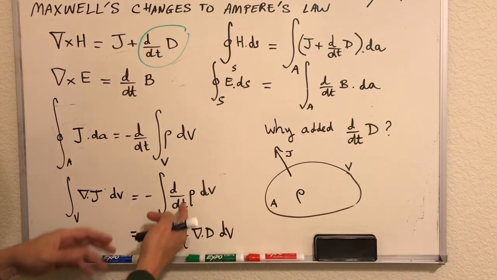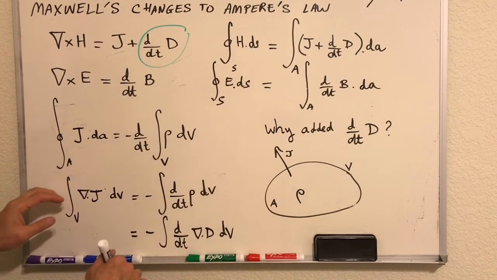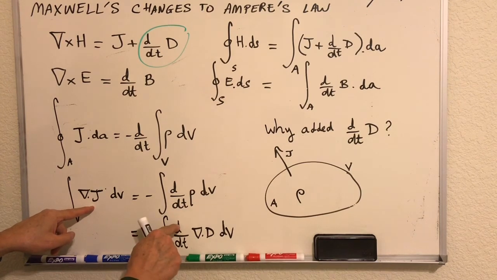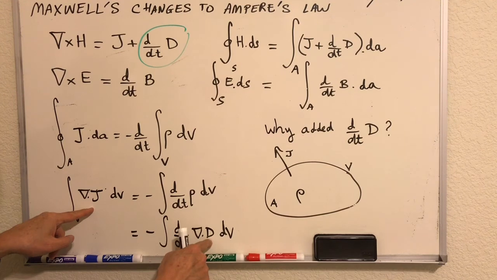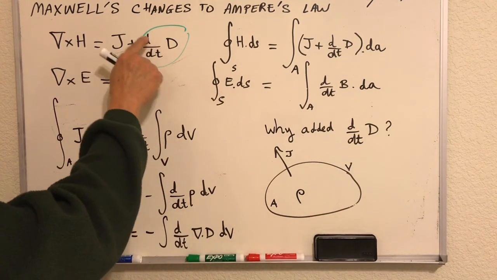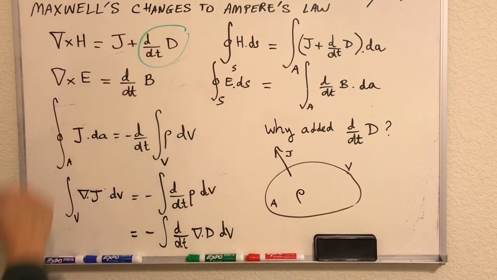Since rho is equal to the divergence of D, it was proposed that the current density is not just J, but there is another component, which is the derivative of displacement D with respect to time. That's the reason why this derivative with respect to time of D is added to this.